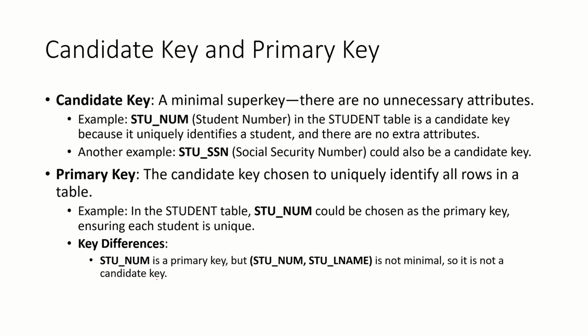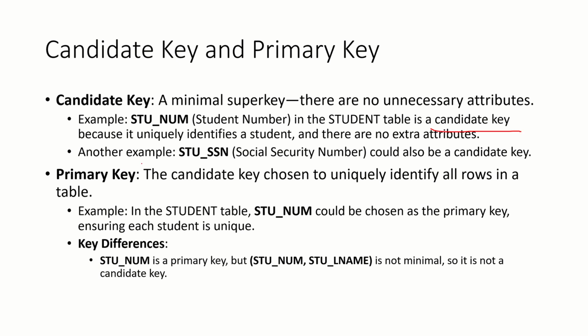Okay, a candidate key means it's a minimal super key. That means it has no unnecessary attributes. Such as the student's number. It's enough to tell which student this is, so we consider it a candidate key.